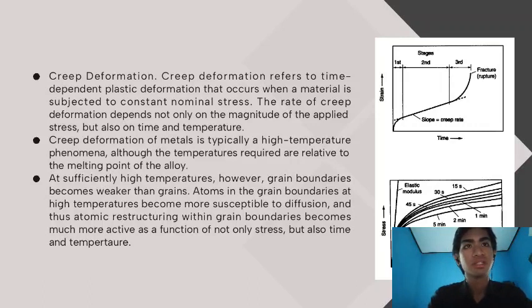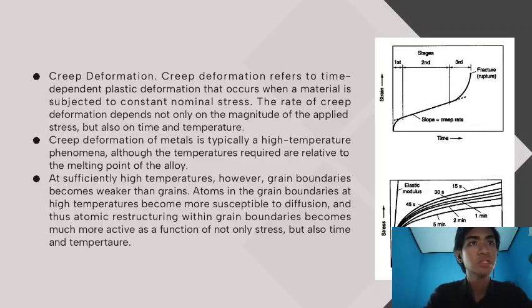This behavior is associated with a weakening of grain boundaries at higher temperature. At low temperature, grain boundary regions are stronger than grains, and thus deformation occurs by slip and twinning within the crystal structure of grains. This type of plastic deformation is stress dependent. At sufficiently high temperature, however, grain boundaries become weaker than grains.